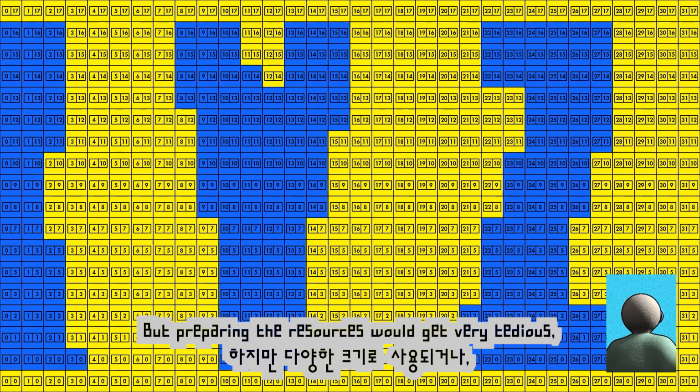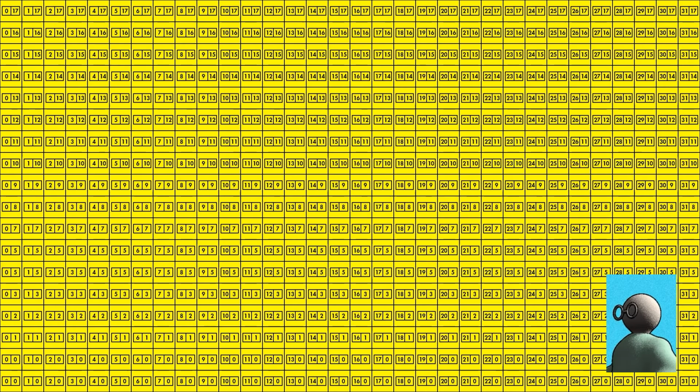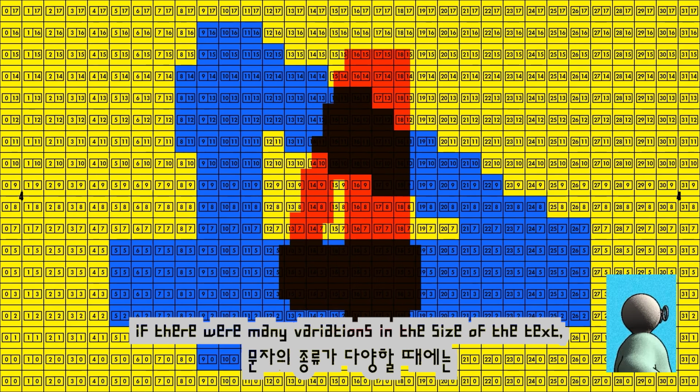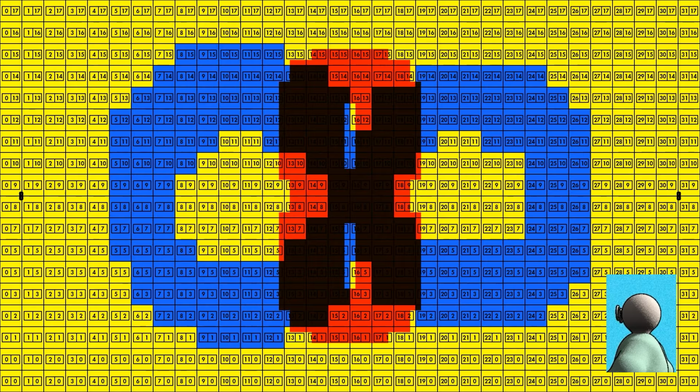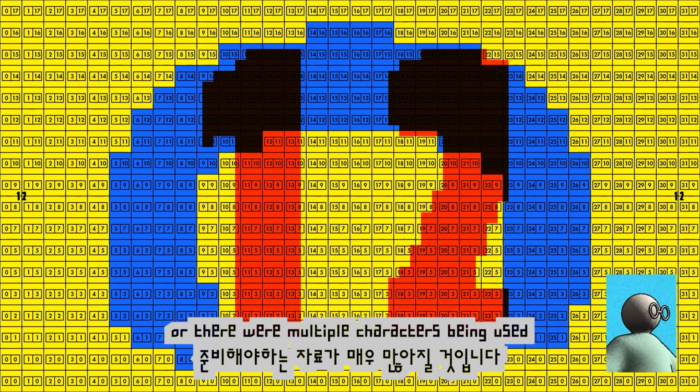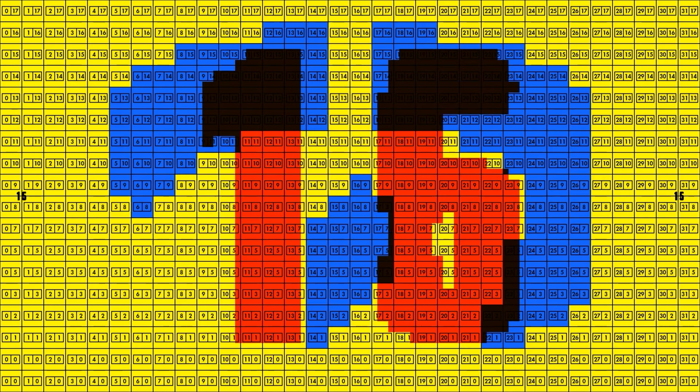But preparing the resources would get very tedious if there were many variations in the size of the text, or there were multiple characters being used.